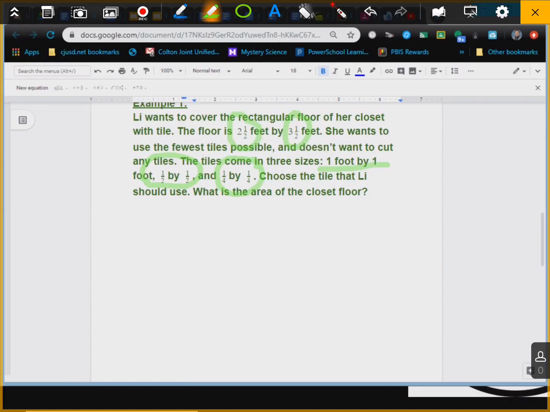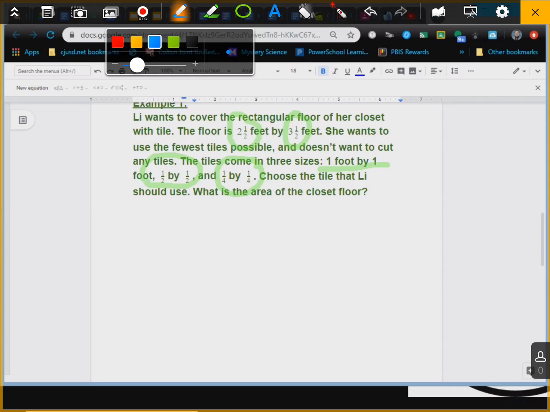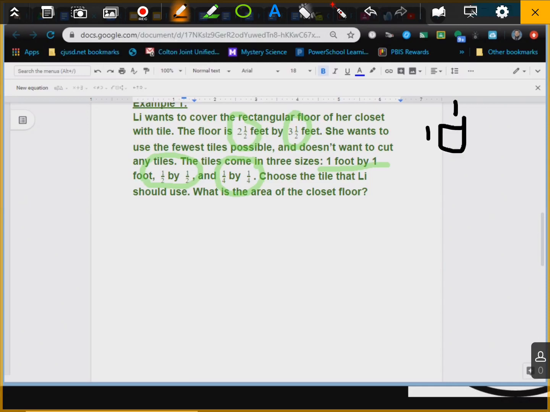So we need to find the area, and we also need to figure out which tile she should use. Well, if one tile is 1 foot by 1 foot, the area is going to be 1, because we're multiplying 1 times 1. If we have one that's 1/2 by 1/2, well, 1/2 times 1/2 is going to be 1/4.